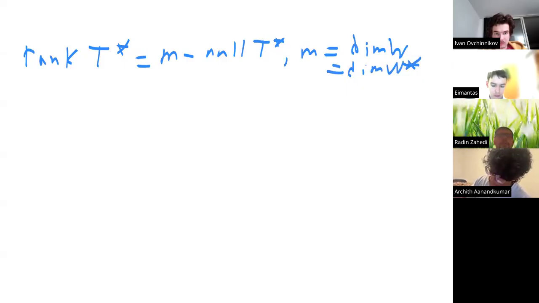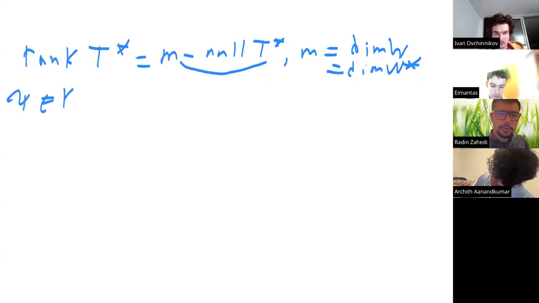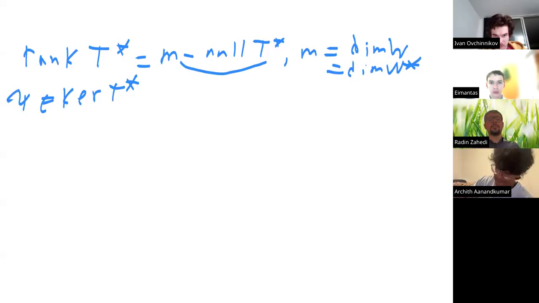So what we should do here is instead focus on the nullity of T star, because it seems much simpler for a linear functional to be in the kernel of T star. It's a lot more comprehensible than being in the image of T star. So let's see what the kernel is.